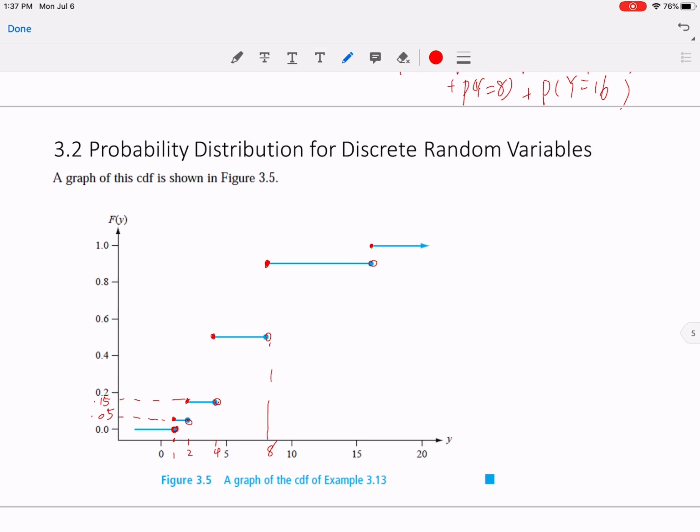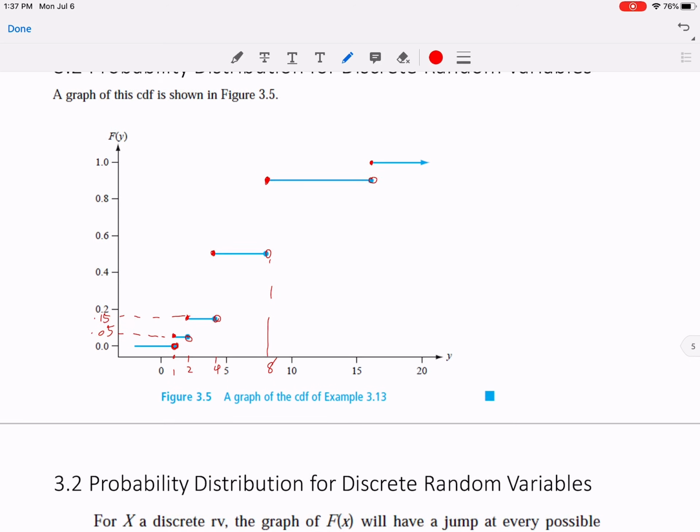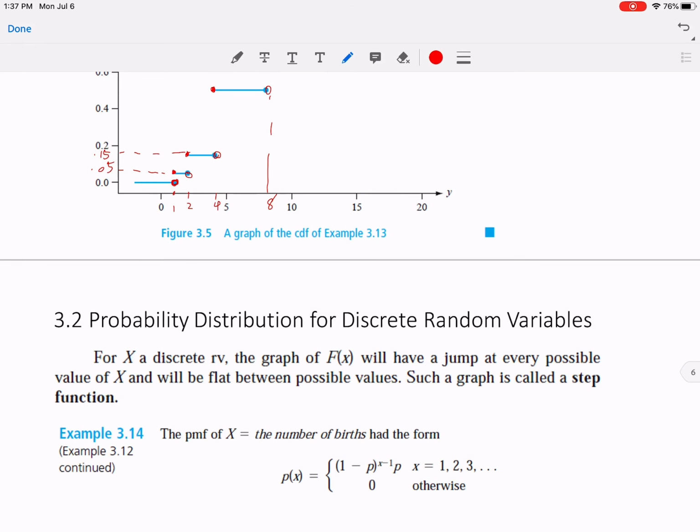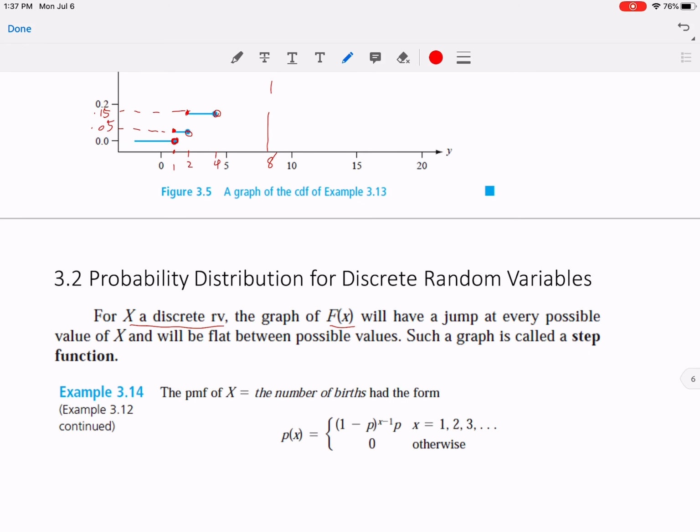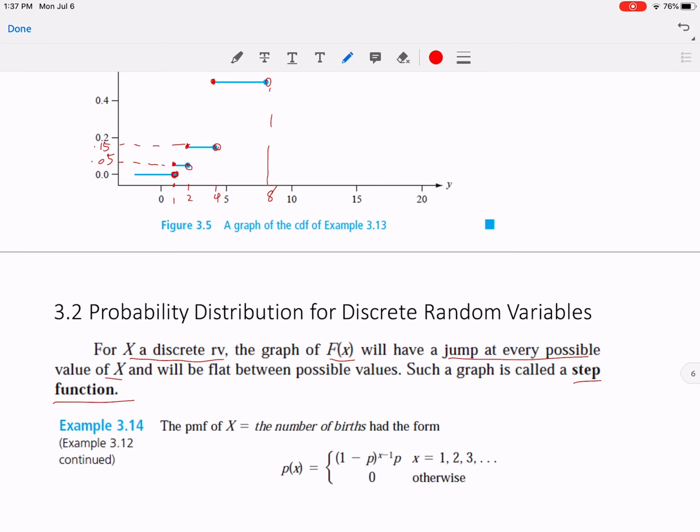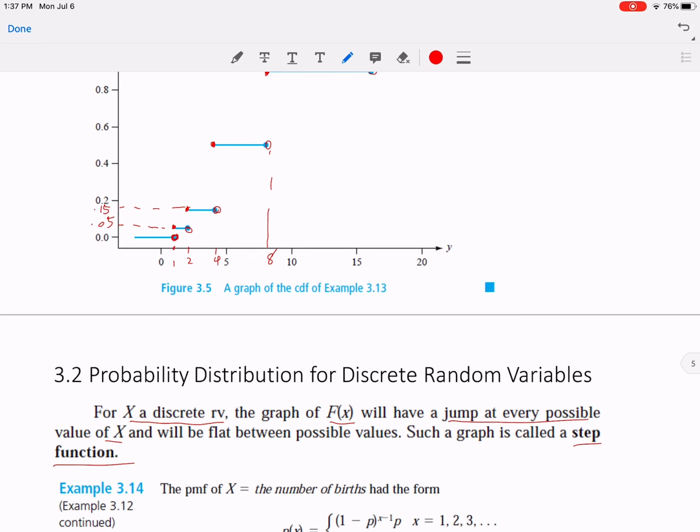Okay? And we can tell this is a step function. For x a discrete random variable, the graph of f of x will have a jump at every possible value of x and will be flat between possible values. Such a graph is called a step function. So step function means that the function value in each interval is the same.